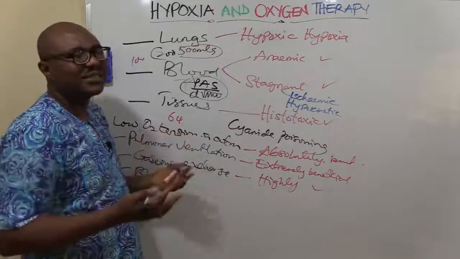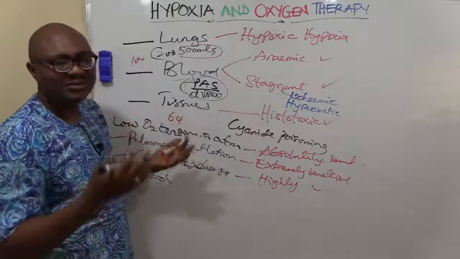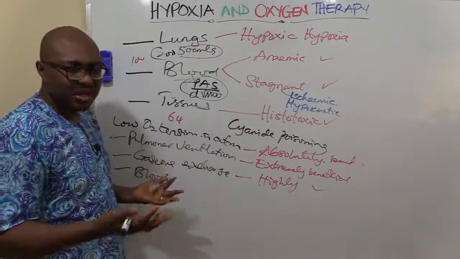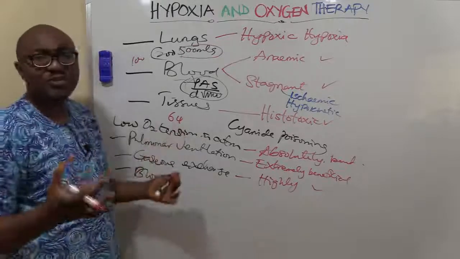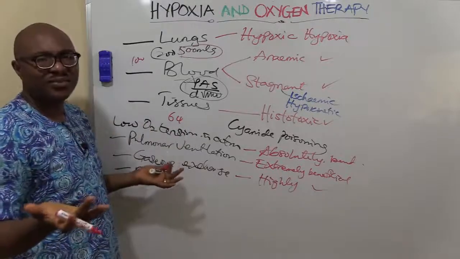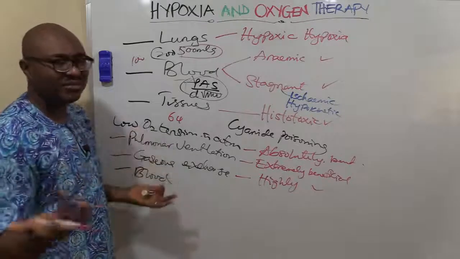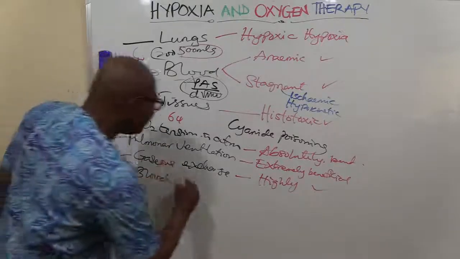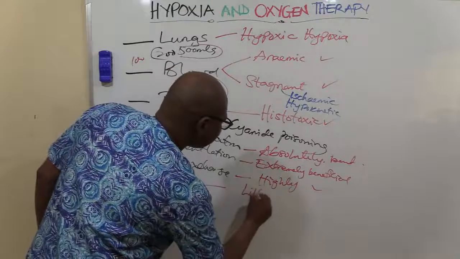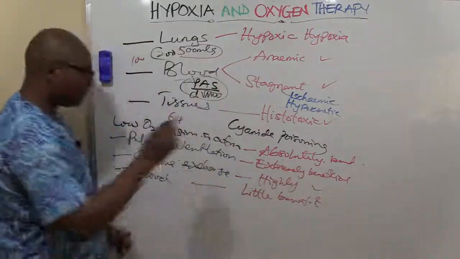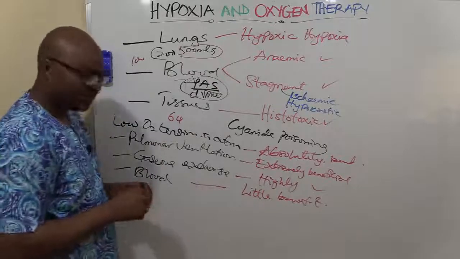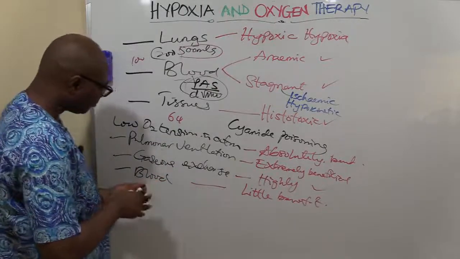So even if you increase the saturation close to 100, it still does not change much. The real way to solve those people's problem is to increase the hemoglobin. Increasing oxygen does not do much, so it's of little benefit. The same goes for anemic or stagnant hypoxia.